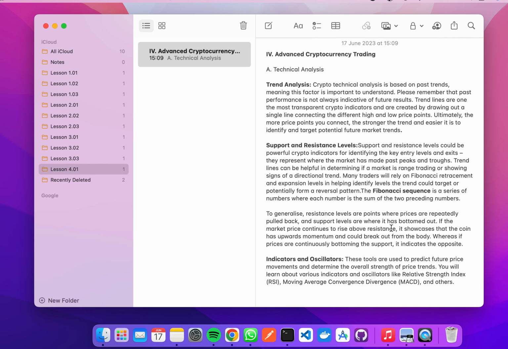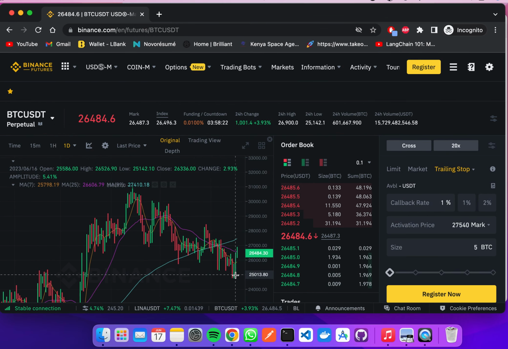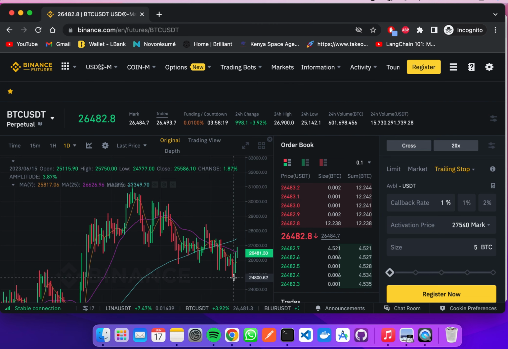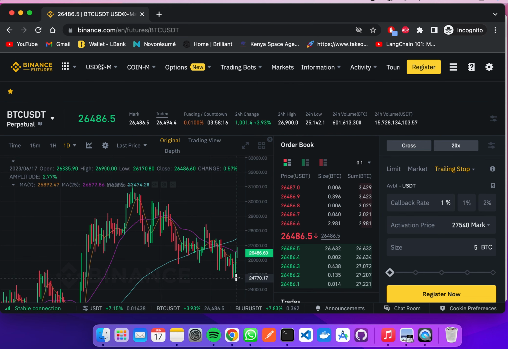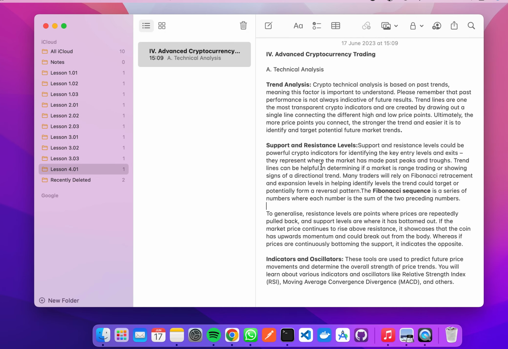So for example, if we have a certain price range, let's say this is your resistance level. Every time it hits this certain price, it goes up. It continues to rise above the resistance level.